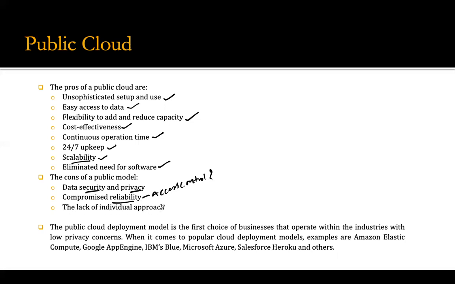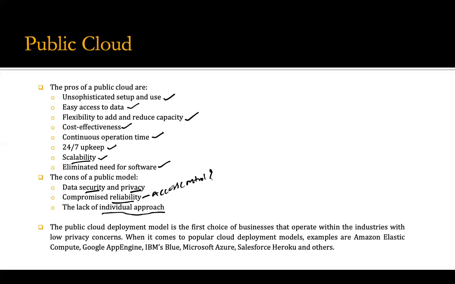It means that I want to create my own type of cloud or my own type of infrastructure. That is the limitation. Why? Because cloud service providers offer only those services which they can provide.